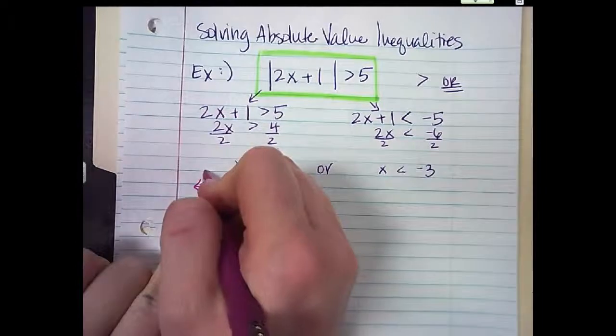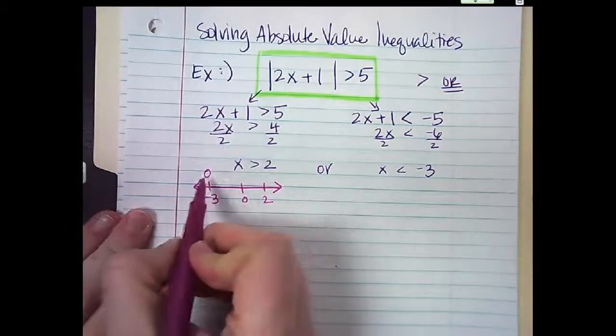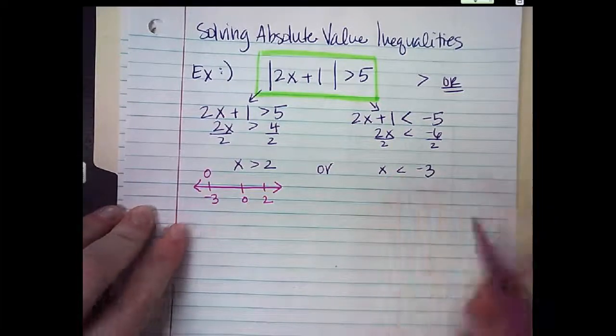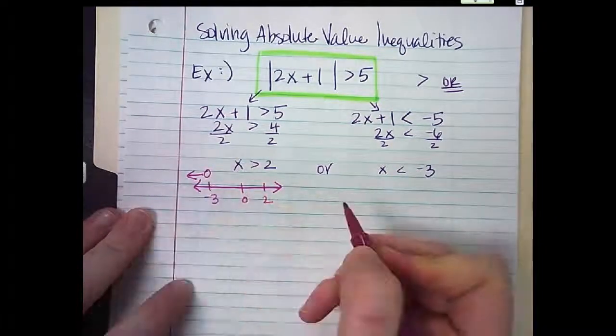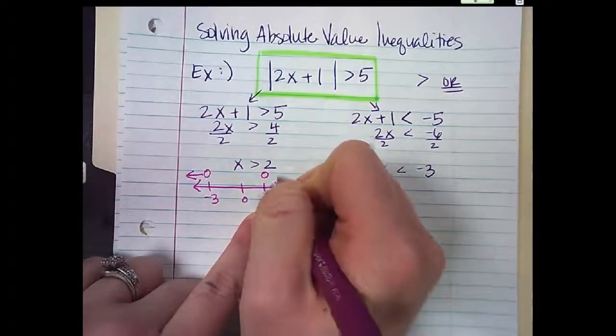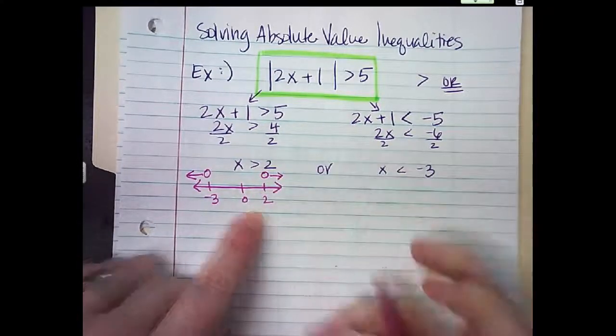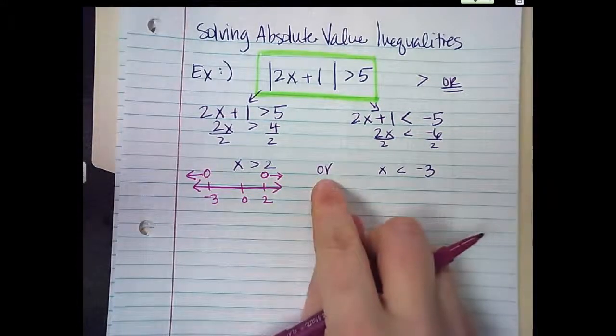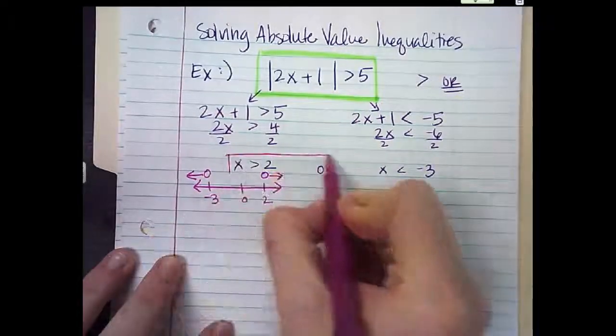Negative 3 is open. Is it shaded to the left or the right? The left, right. This kind of acts as an arrow, so pointing to the left. And then positive 2, open circle, shaded to the right. So because they're split like that, that's your or statement. Okay, so this is my final answer.